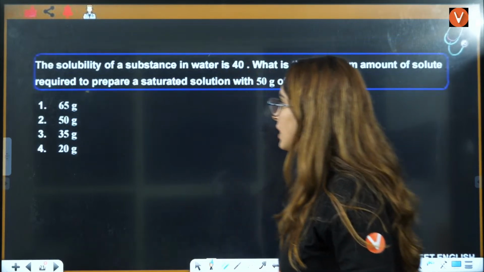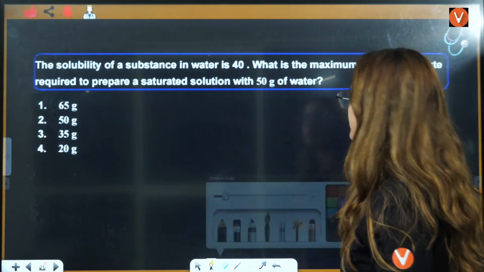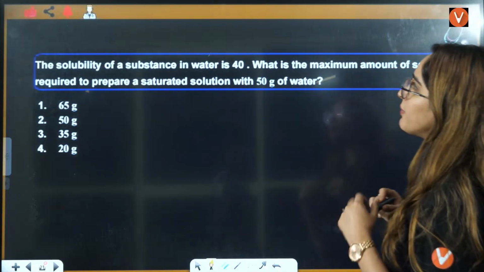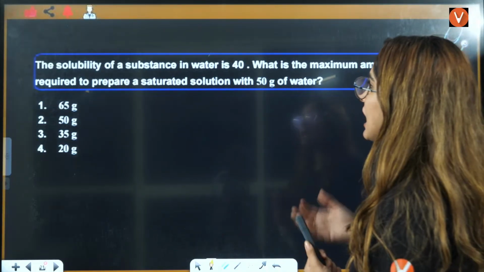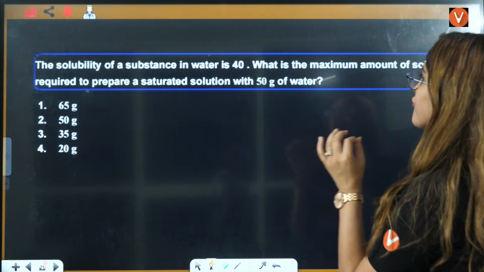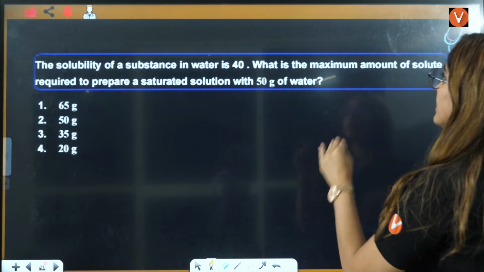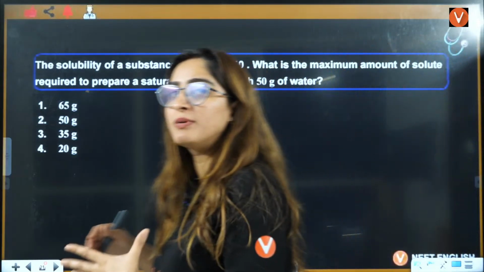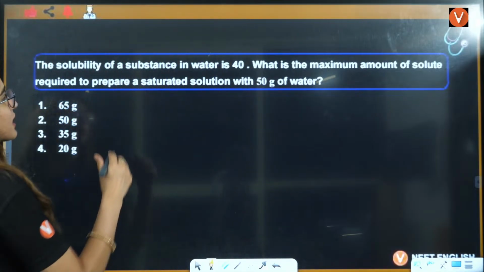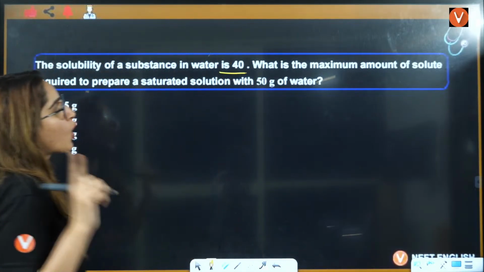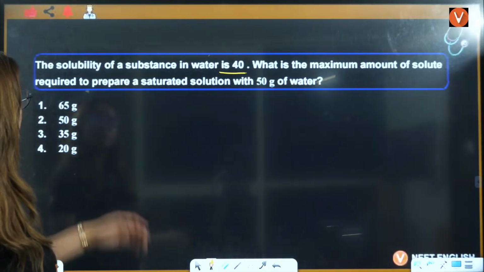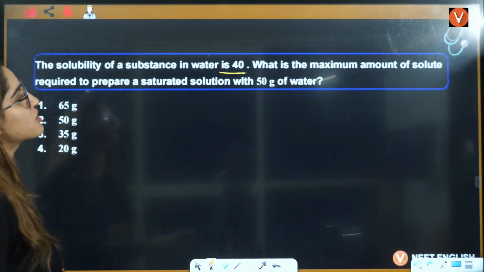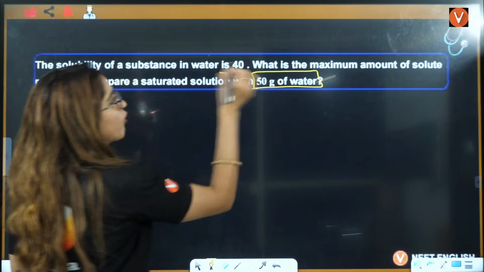Okay, let's do the next question here. The solubility of a substance in water is 40. What is the maximum amount of solute required to prepare a saturated solution in 50 gram of water?